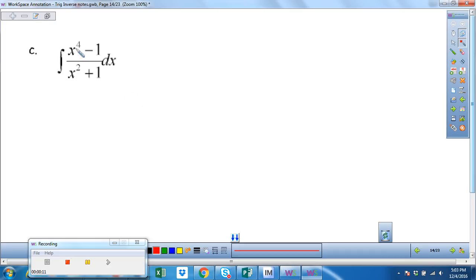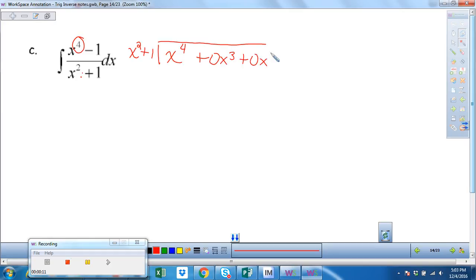Okay, this is an interesting problem. Anytime the exponent on the top is bigger than the exponent on the bottom, remember we have to do long division before we can simplify that. So I have x to the 4th, and I'm dividing that by x squared plus 1. I'm going to have to make sure all of my powers are represented, so plus 0x cubed plus 0x squared.